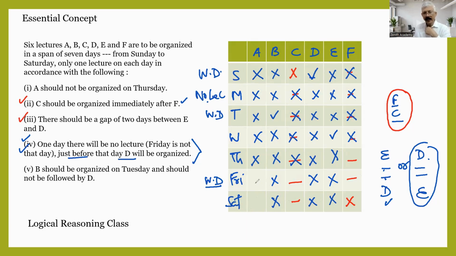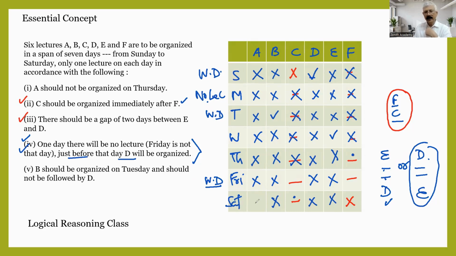If I take lecture A on a Friday, then F is on a Thursday and lecture C on Saturday. While it is given, C should be organized immediately after F. But it is not possible when we are taking lecture A on a Friday. So Friday is not suitable for lecture A. So cancel it.